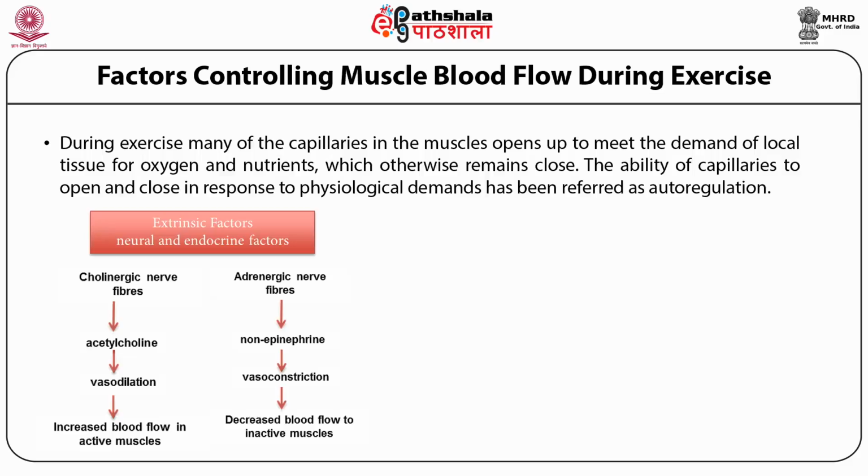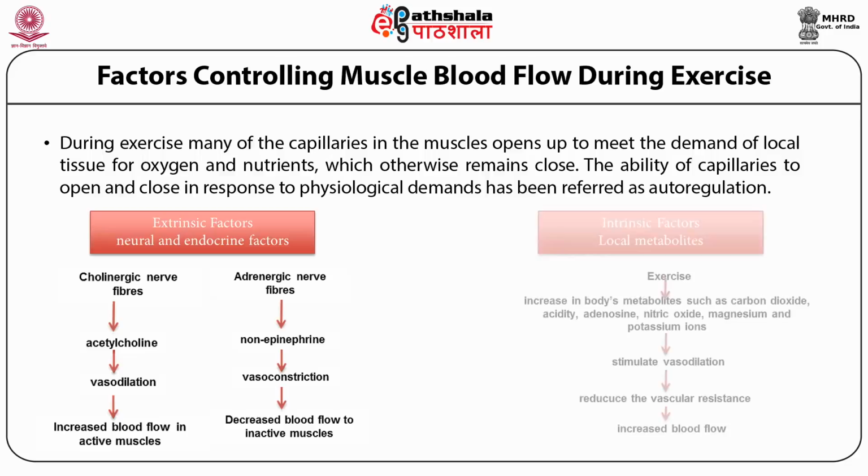Consequently, norepinephrine reduces the blood flow to non-exercising muscles and organs such as the intestine and kidney via constriction of peripheral blood vessels, while epinephrine maximizes the blood flow to the working muscles via vasodilation.